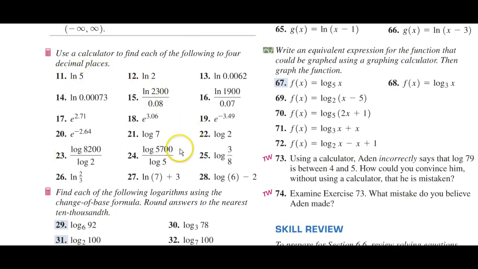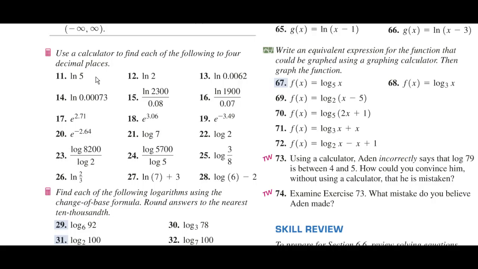Now, for these next few, and you will have some like this in your practice, you're going to need your calculator, and they want you to round off to 4 decimal places. So this means you look at the 5th decimal place.